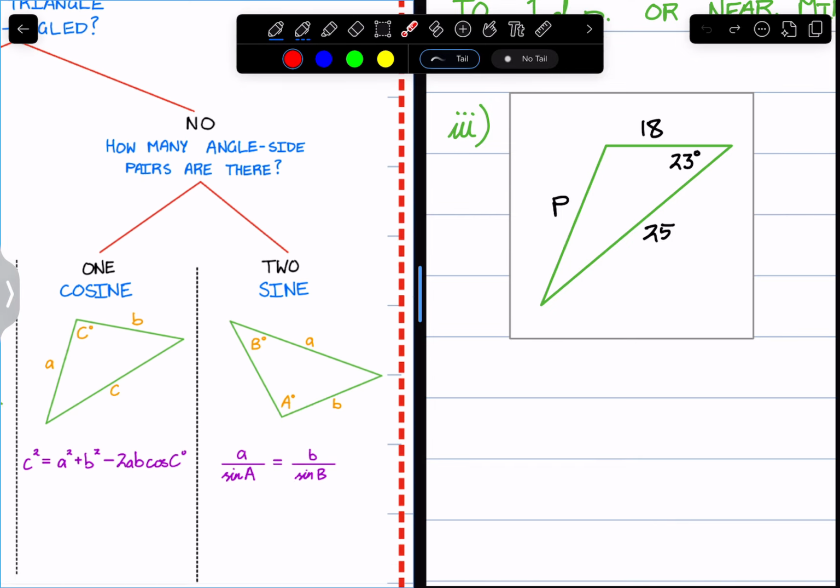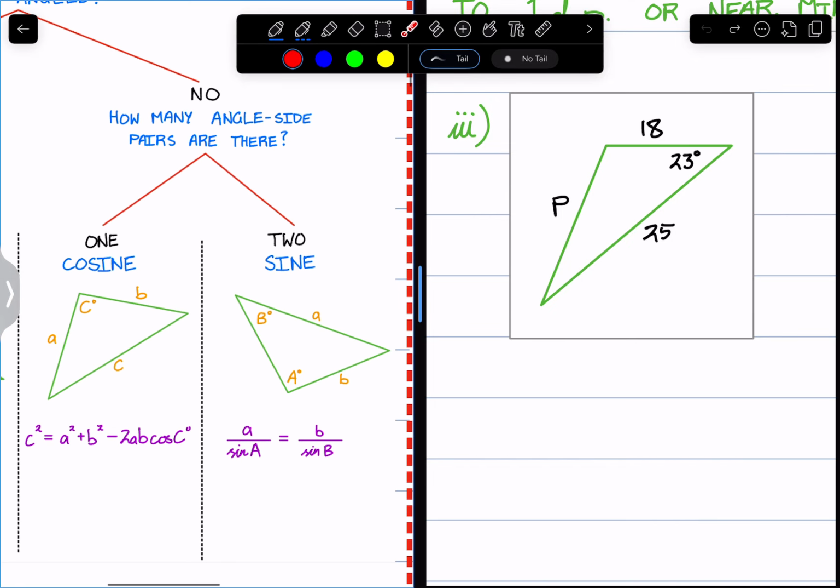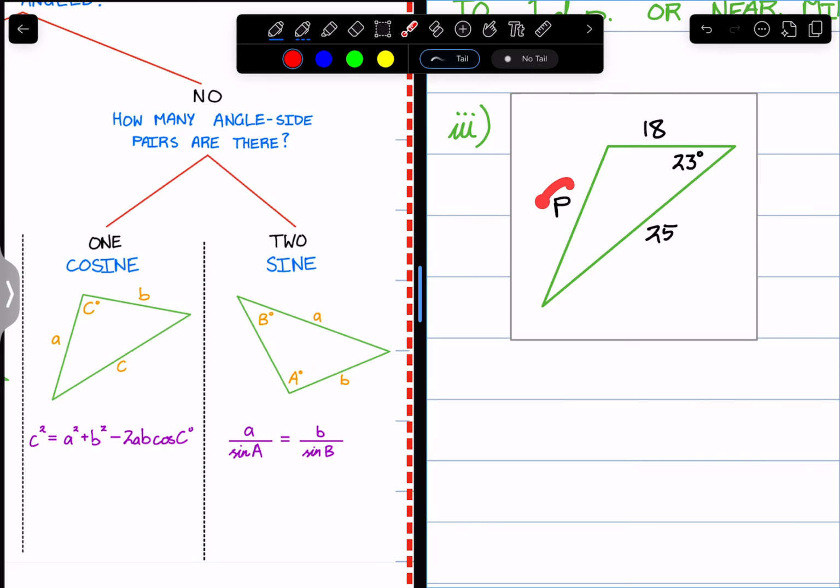So zoom into this. Then we ask ourselves again, how many angle-side pairs are there? Remember, angle-side pairs are a side and an angle. That's 1. And we have a side and, oh no, in this case there is no angle here. We have 1 angle-side pair.